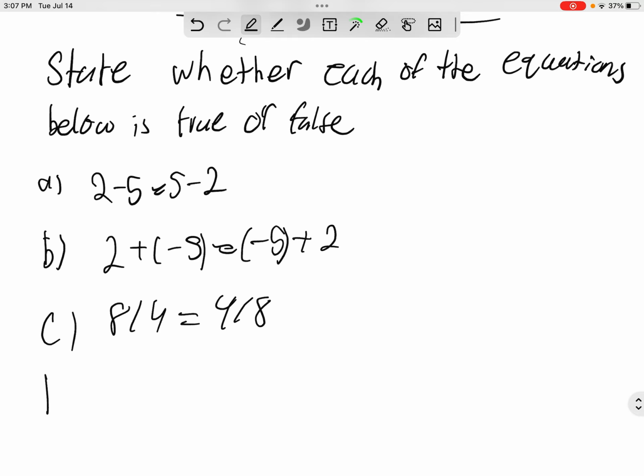Then D is going to be 8 times 1 over 4, which is then equal to 1 over 4 times 8. So, pause the video, take some time to think about this question, and state whether each of these equations are true or false.